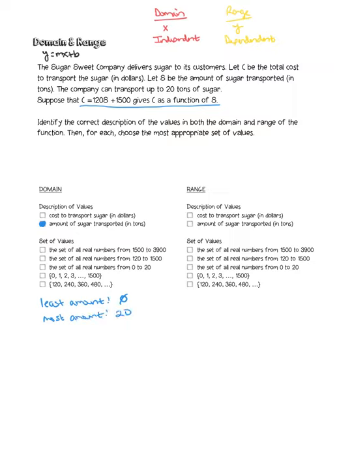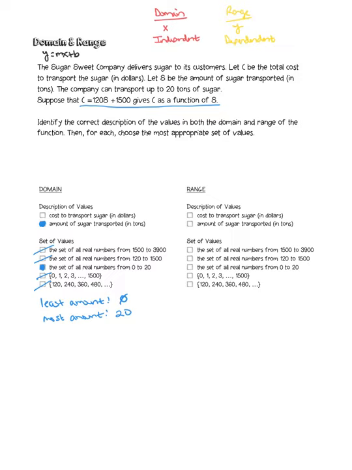So what you're looking for is the set of all values. Well, let's see. If the least amount we could transport is 0, that gets rid of that one, that gets rid of that one, and that gets rid of that one. The most we can transport is 20 tons. That eliminates that one. So this is the correct set of values.